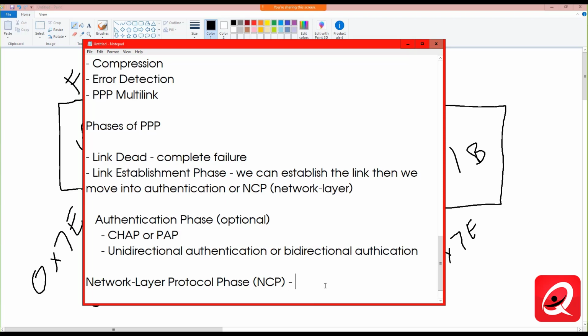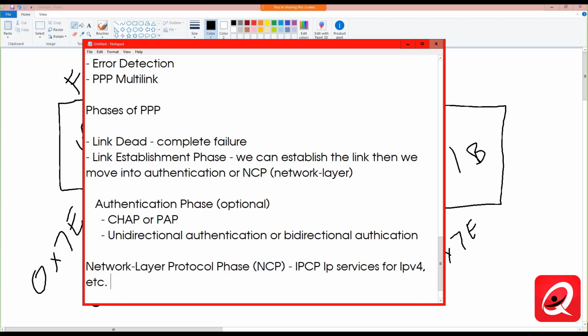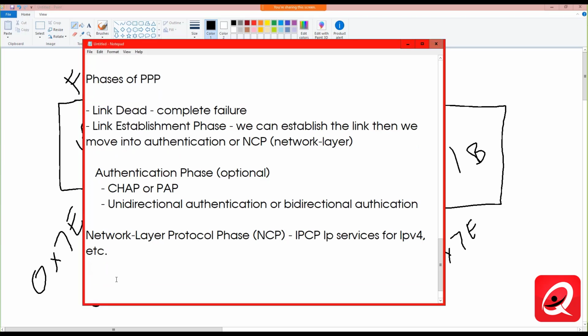So this is where we identify the network control protocols, for example, IPCP for IP services over IPv4, and so on, get negotiated. The data transport for all the protocols will get started here, right? Closing down of network protocols will occur at this phase as well. But basically, this is where we're negotiating our layer 3 transport.